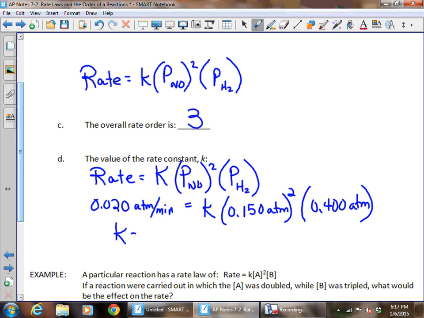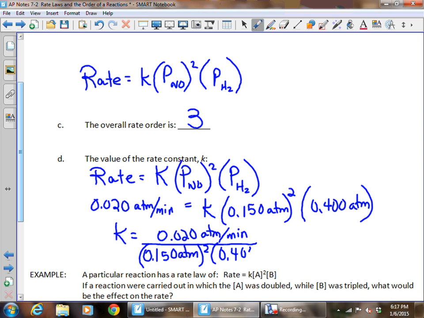So K is going to be 0.020 atmospheres per minute over 0.150 atmospheres squared times 0.400 atmospheres. If you'll notice what cancels, atmospheres cancel.